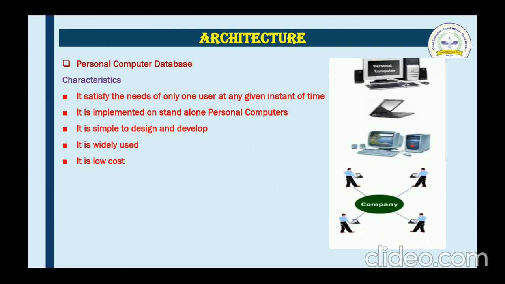These are: number 1, it satisfies the need of only one user at any given instant of time. Number 2, it is implemented on standalone personal computers. Number 3, it is simple to design and develop. Number 4, it is widely used. Number 5, it is low cost.